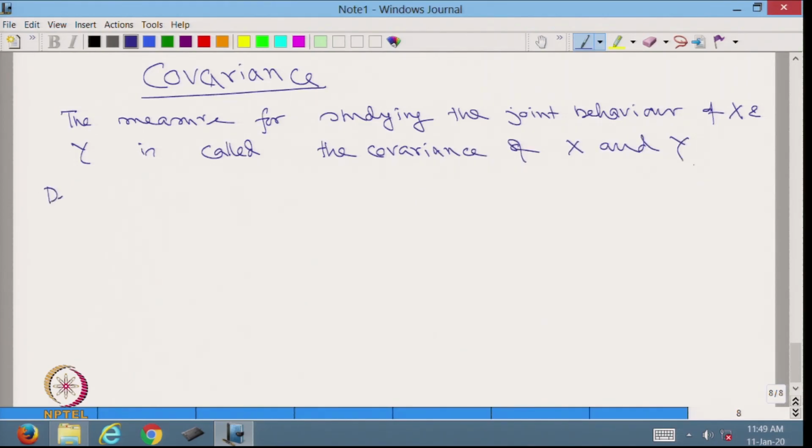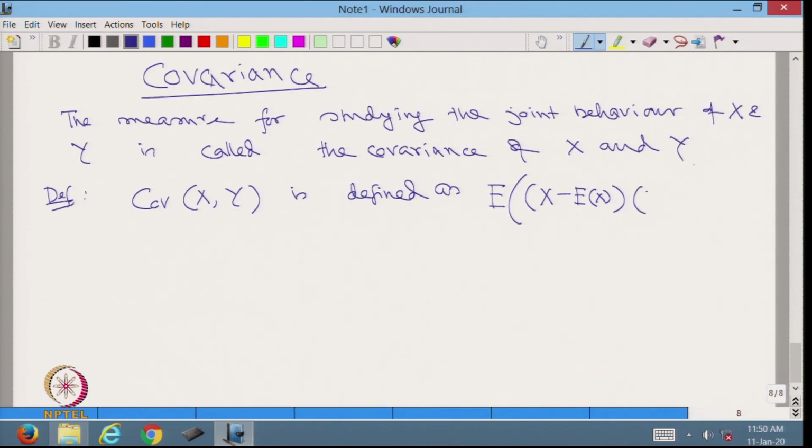Definition: covariance between x and y is defined as expected value of (x minus expected value of x) into (y minus expected value of y), and we can simplify it as follows.